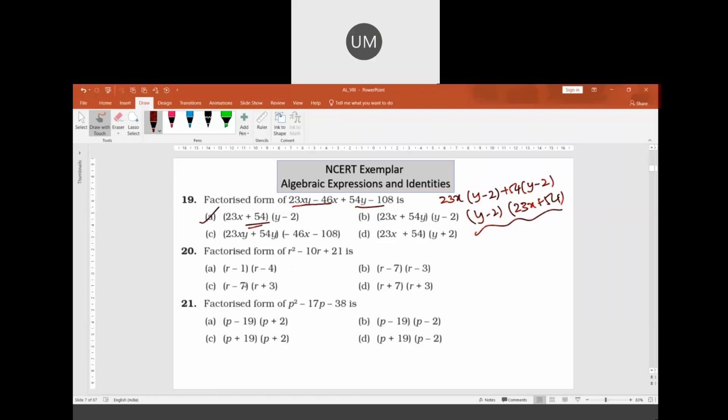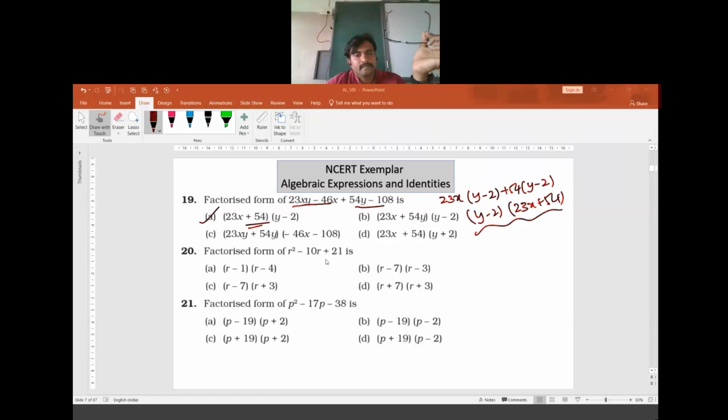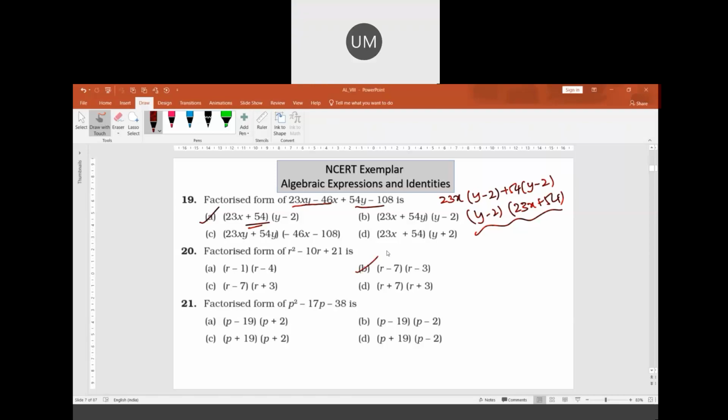All right, question 20. It's easy. Splitting the middle term. So this is minus 7 and minus 3. Which is the answer? I feel this is the answer, option B. Minus 7 into minus 3 will become minus 10.